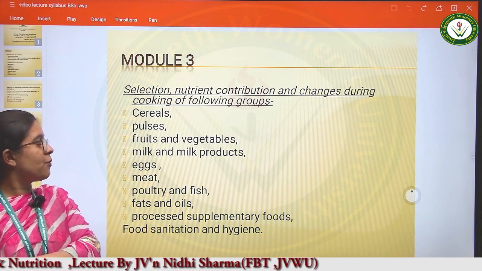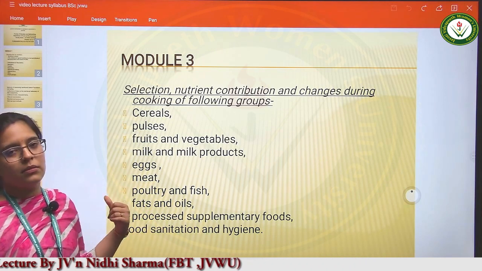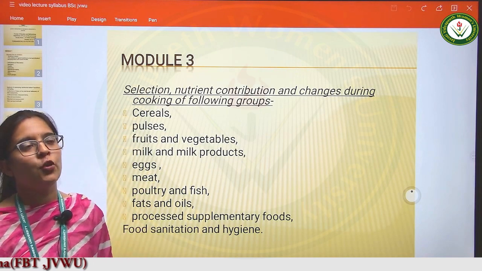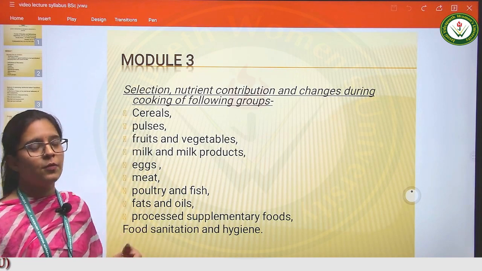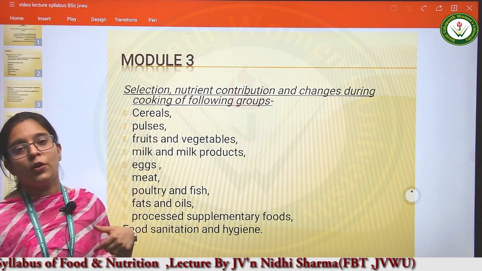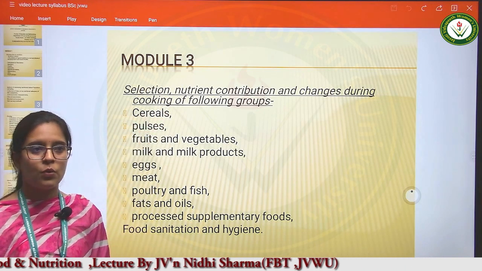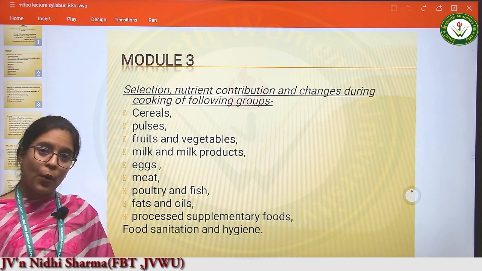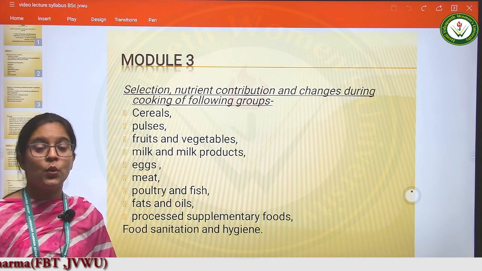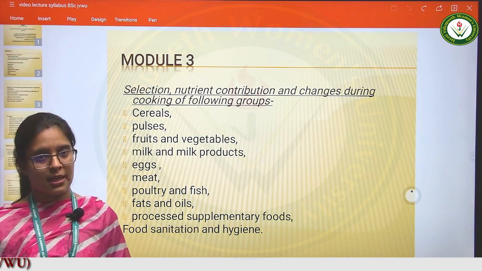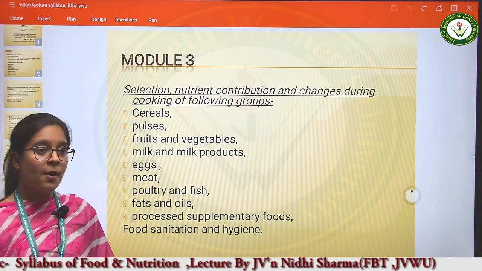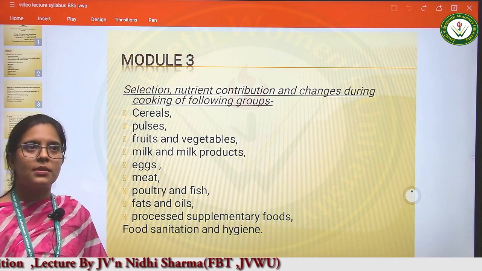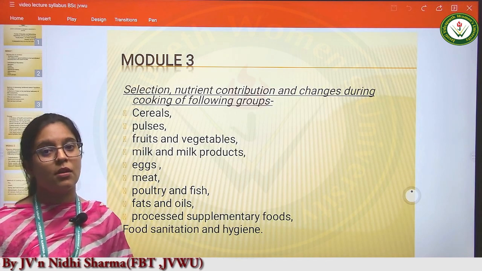Now I'll brief you on what we will study in detail. In cereals, suppose I have to purchase wheat. For the selection part, what will I consider if I go to a vendor to purchase wheat? I have to check the grain size, and whether it is damp or dry, because wheat is in good condition when it is dry.